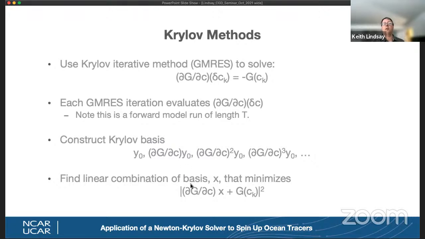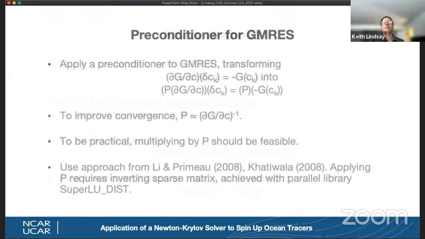So we're looking for matrix times X plus the right-hand side, and we're looking for X that minimizes that. And GMRes does the math to find the optimal linear combination of these basis vectors that minimizes this residual. If that was the end of the story, you'd be off to the races.